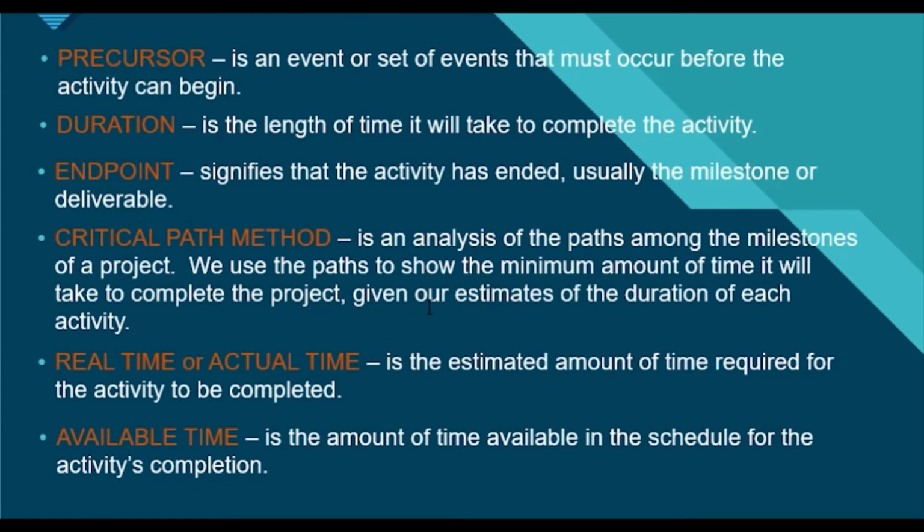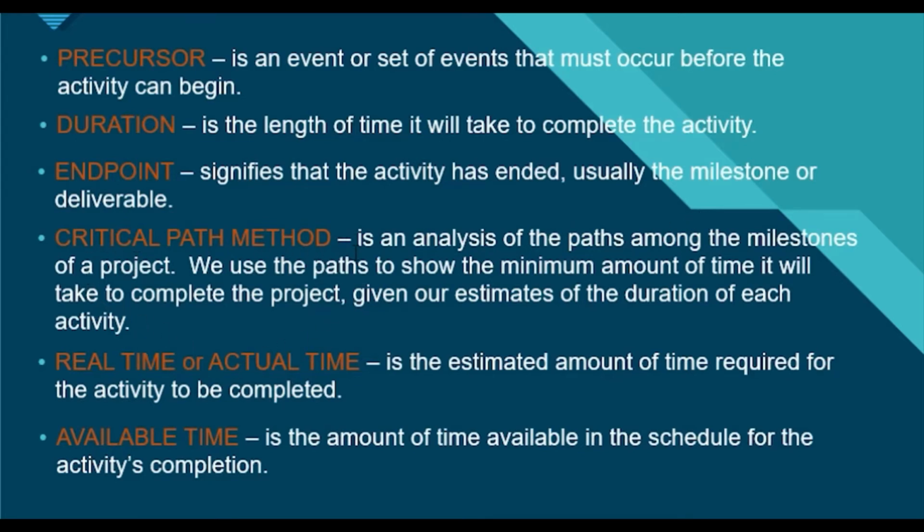Precursor is an event or set of events that must occur before the activity can begin. Duration is the length of time it will take to complete the activity. Endpoint signifies that the activity has ended, usually a milestone or deliverable.